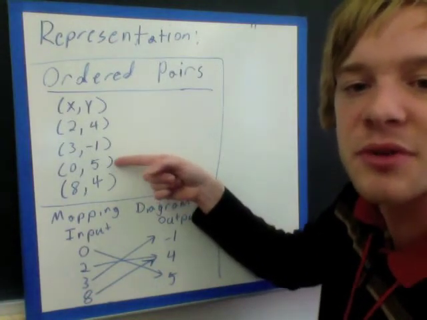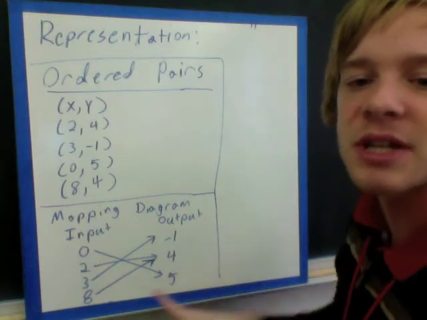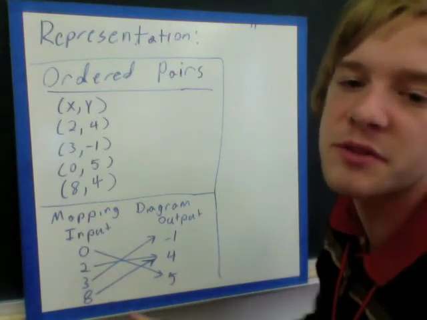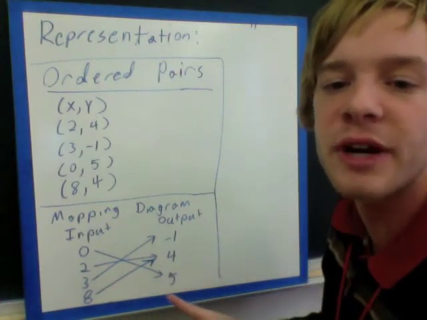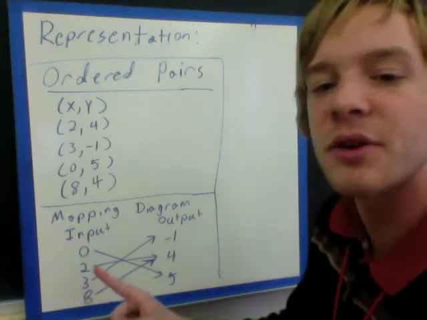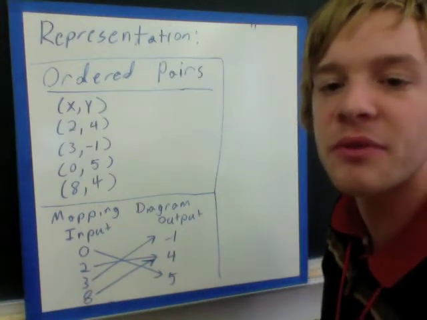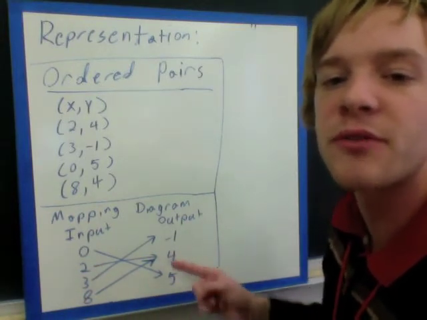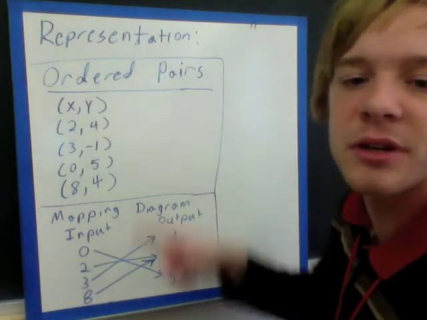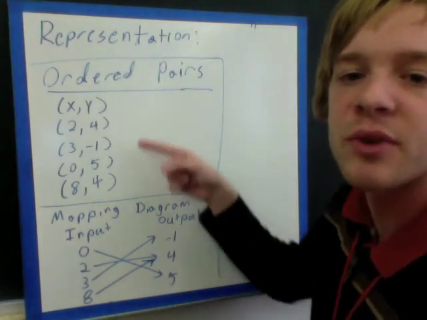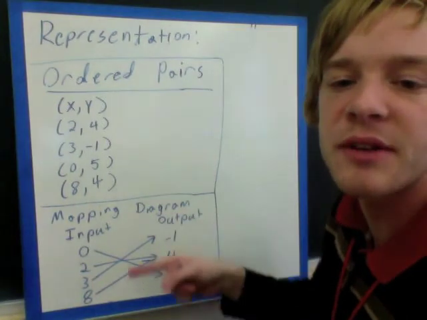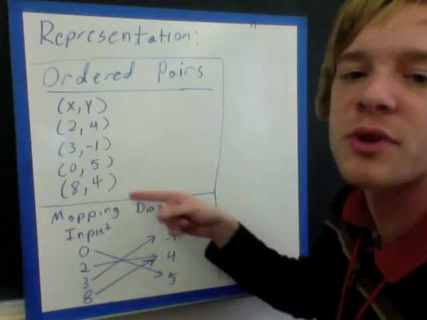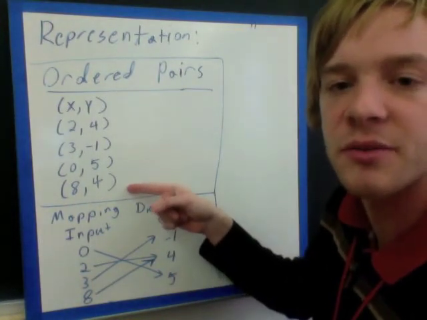The input is 0, the output is 5, but down here we're drawing an arrow from one to the other. So since we're going from 0 to 5, you're basically plugging in 0, you're getting out 5, and we do the same thing with our other numbers. Plug in 2, you get 4, that's the same thing as the 2, 4 up here. Plug in 3, you get -1, that's the same thing as this ordered pair, and then if you plug in 8, you also get 4, so that would be this pair right there.